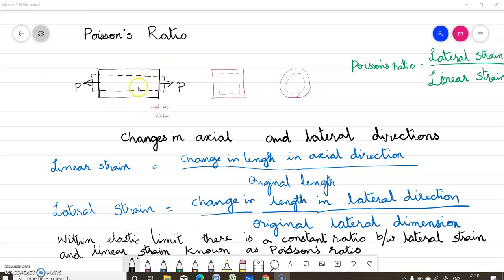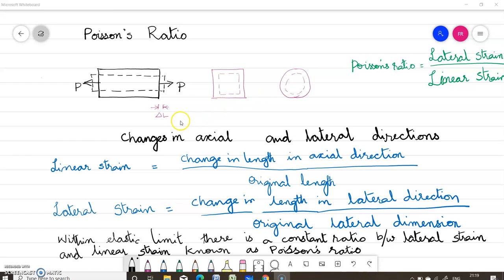Here this bar is subjected to direct tension in the axial direction, so it elongates, and at the same time we can see its sides contract. These are the changes in the lateral direction in a square cross section and in a circular cross section. The cross section will reduce, while there will be an increment in the longitudinal direction.